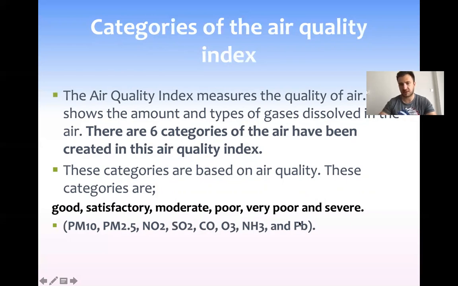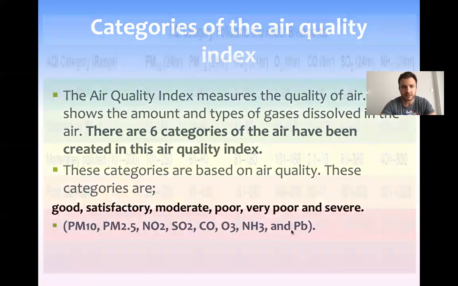These are the indicators for calculating the air quality index for each country. Also, when we calculate the air quality index, we have six different categories for each city or country. These categories are called good, satisfactory, moderate, poor, very poor, and severe.